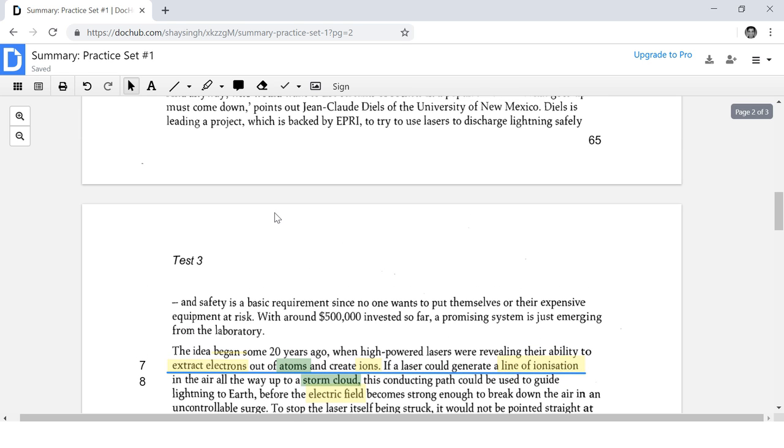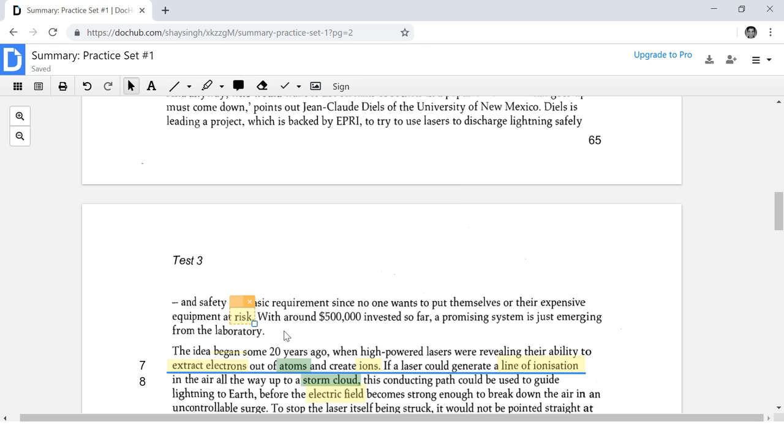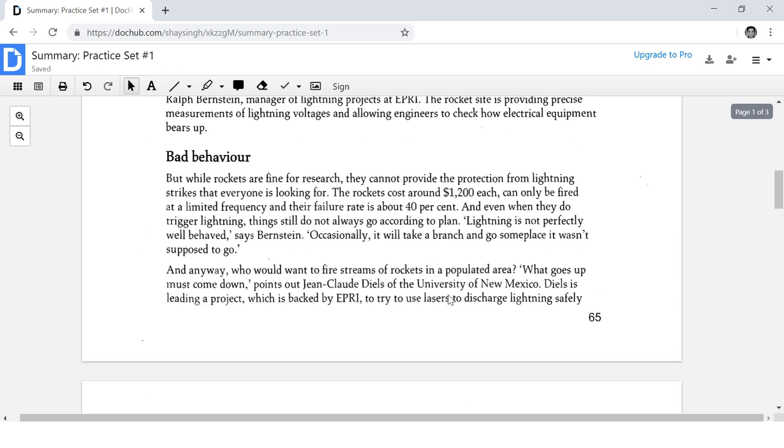So let's look for something having to do with less dangerous. Okay, here I see risk. Now, that is something related to being dangerous, because if something is risky, then that means that it is dangerous. Let's see if I can find anything else related to that. Talks about safely or safety.